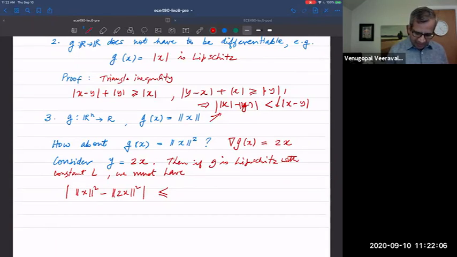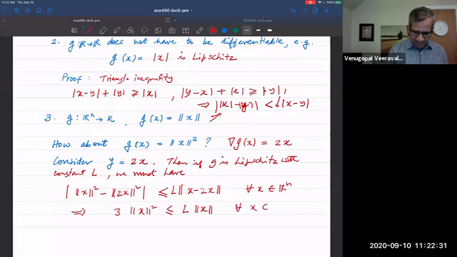On the right-hand side, this is less than L times the norm of x minus y, which is x minus 2x. Okay, for all x belonging to Rn, but this implies that 3 times norm of x squared is less than or equal to L times norm of x for all x belonging to Rn, but this cannot hold.